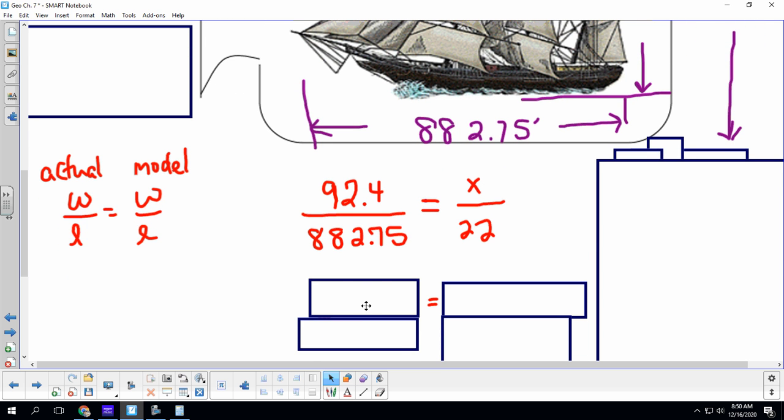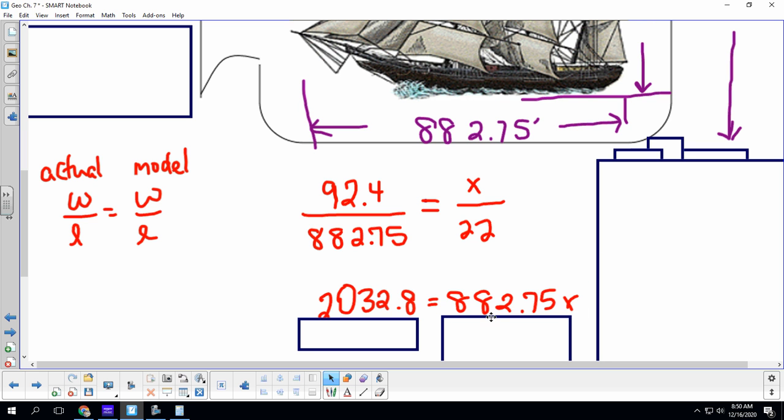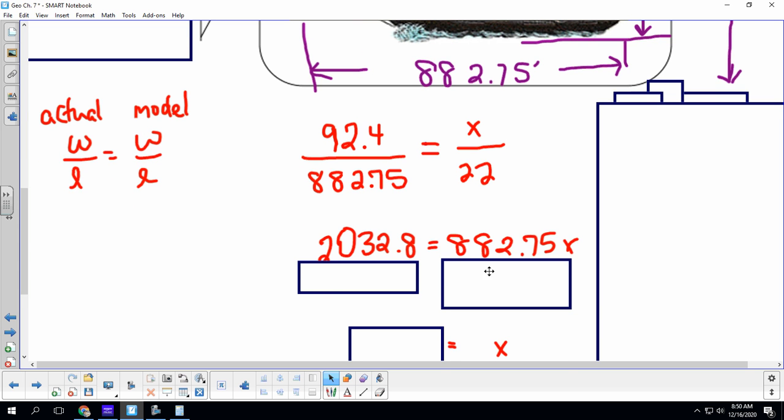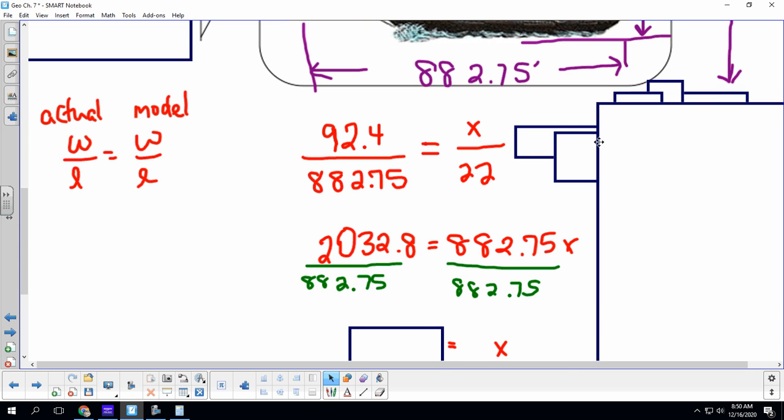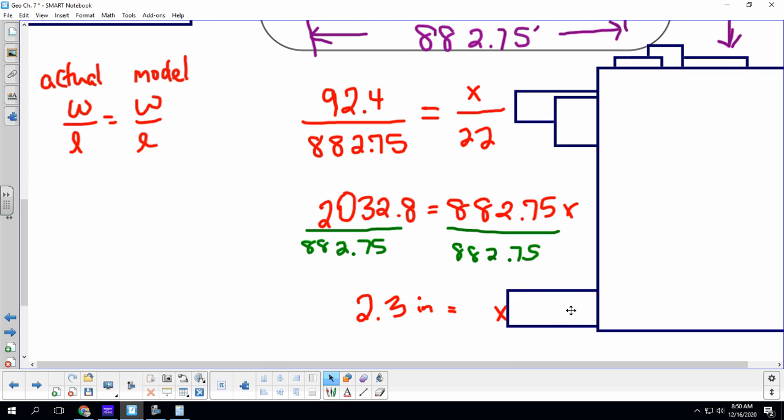So we're going to do some cross multiplying. 92.4 times 22 is 2032.8, and then x times 882.75. Divide both sides by 882.75, and we get x is equal to 2.3 inches. So our width has to be 2.3 inches on our ship to get it to scale in the bottle.